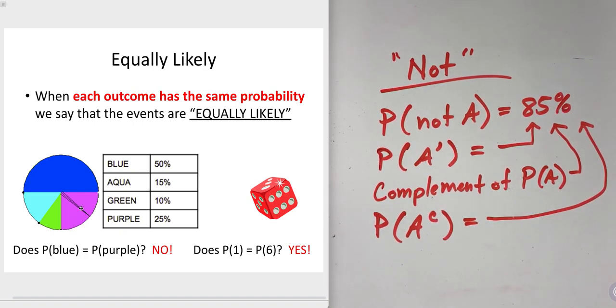Notice that all those are different. Even if I had 5 sections that were all equal size, but then there's one section that was not equal, it would still not be equally likely. Every outcome has to have the same chance of happening. The spinner doesn't, and the die does.